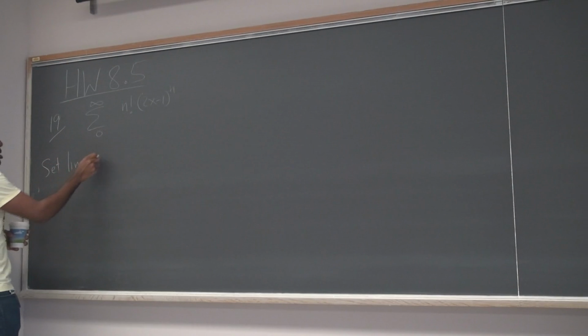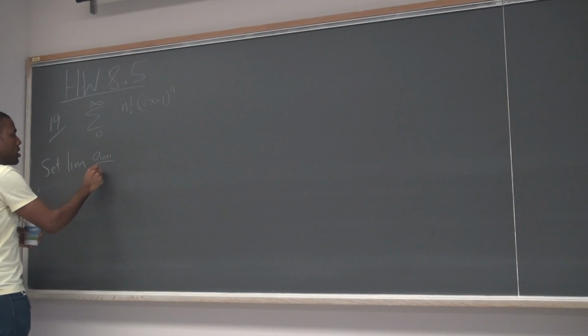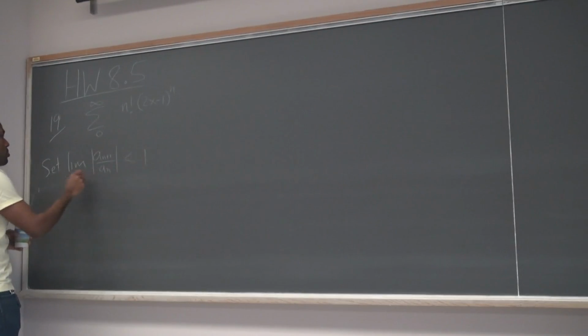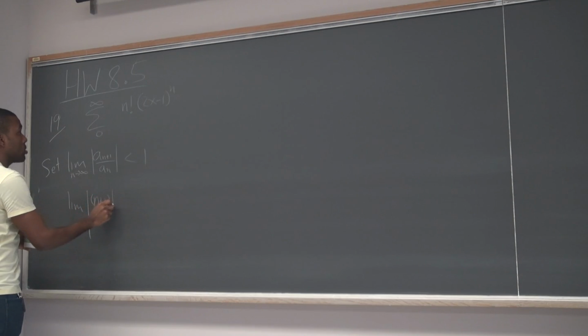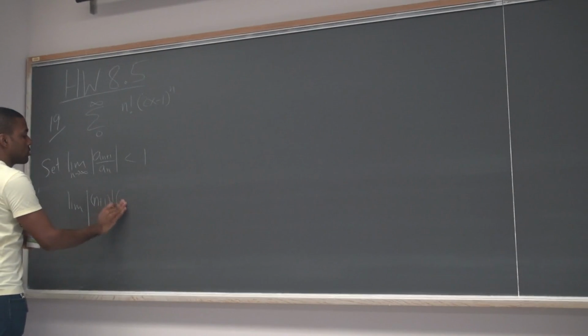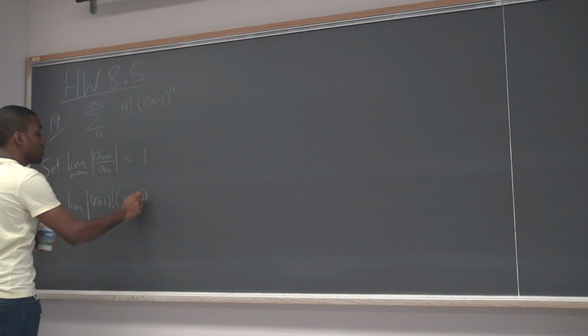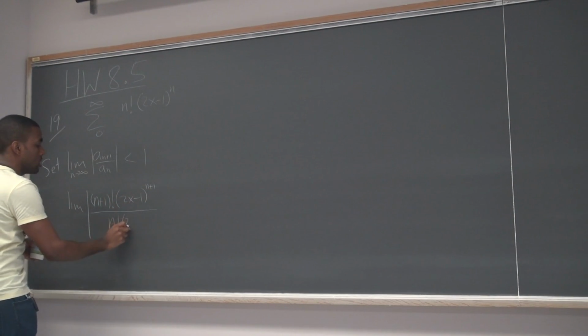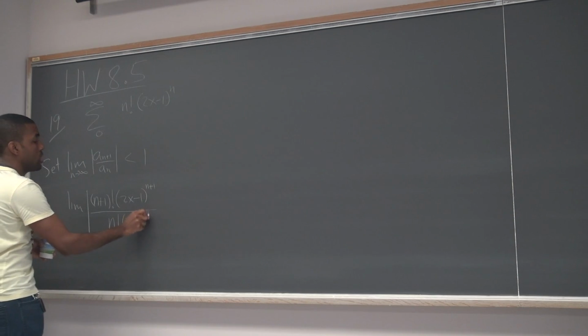Basically, we're going to set the limit of a_(n+1) over a_n less than 1. So let's find that limit. We have the limit of (n+1) factorial times 2x minus 1 to the n+1, divided by a_n, which is n factorial times 2x minus 1 to the n.